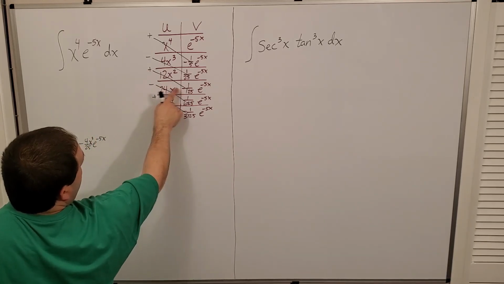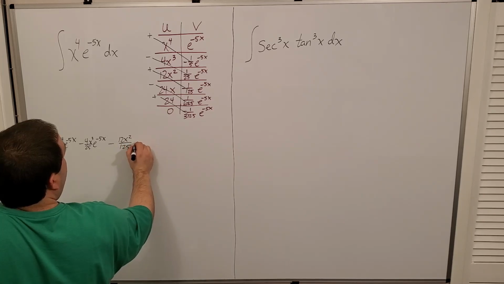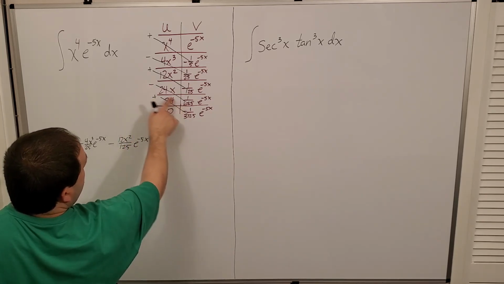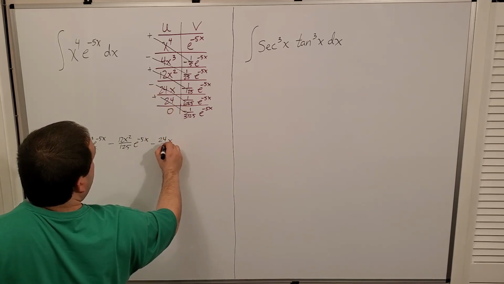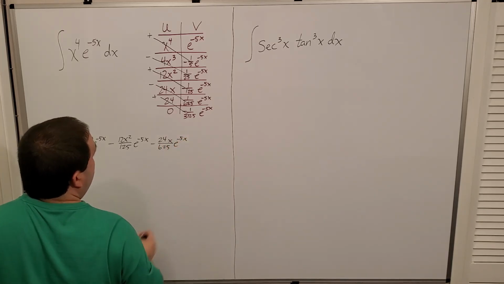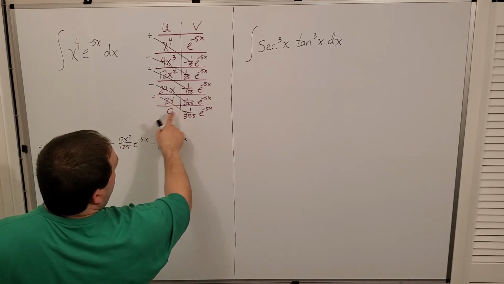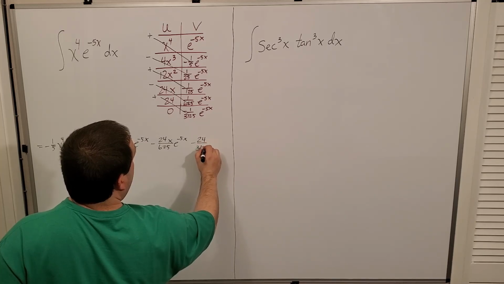Next, plus a negative, so minus 12x squared over 125 e to the negative 5x, minus 24x over 625 e to the minus 5x. And lastly, I have plus with a negative, so minus 24 over 3125.